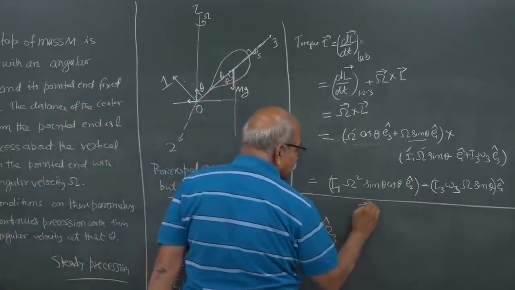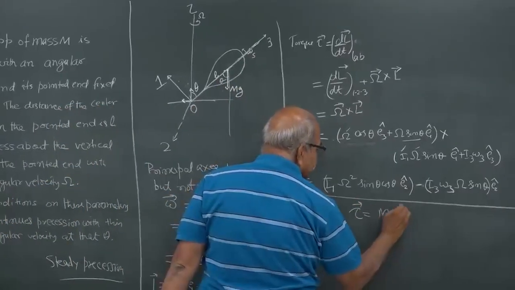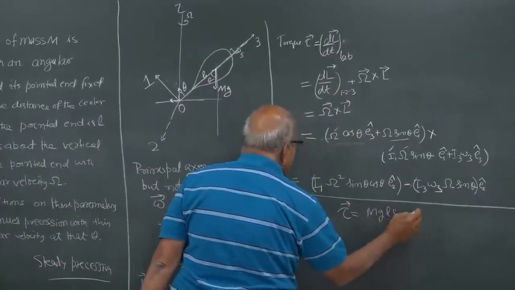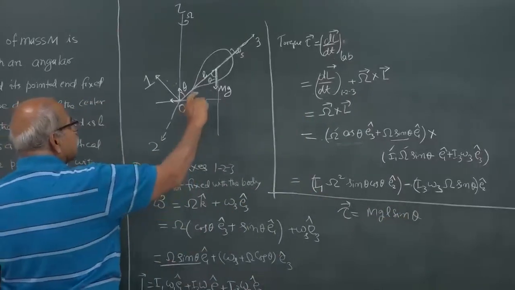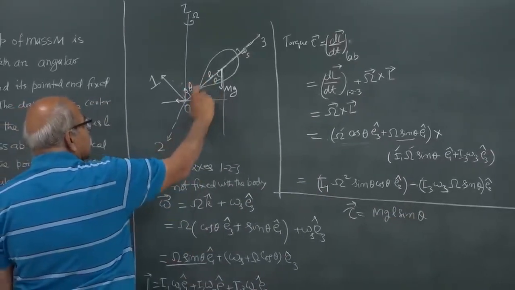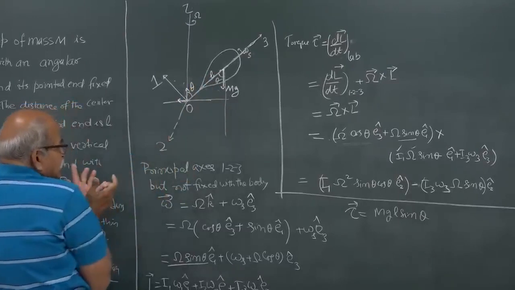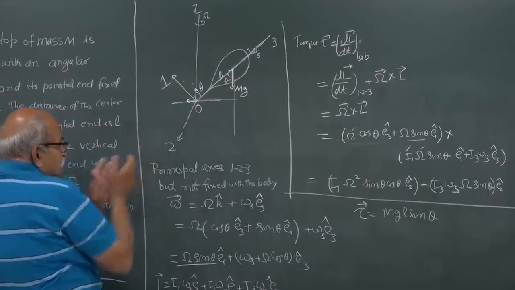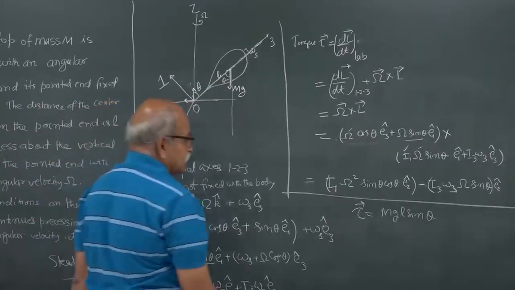So, torque is equal to mg L sin theta, and you can see from this diagram, this torque is clockwise from our side. I am finding clockwise, so it is away from me. So, it is minus E2 cap.